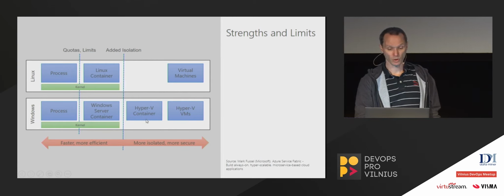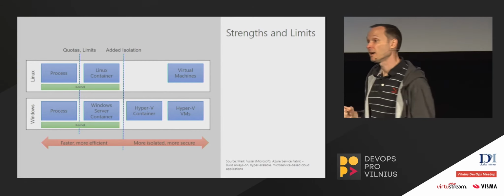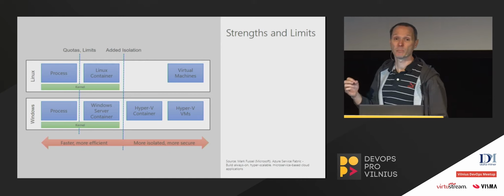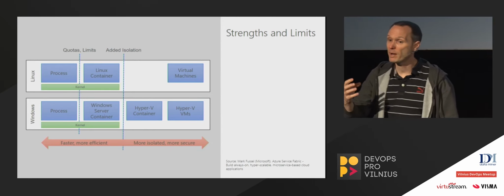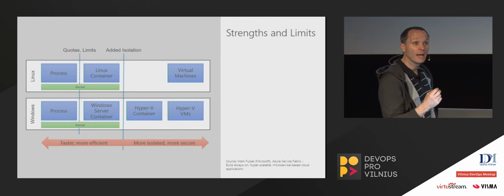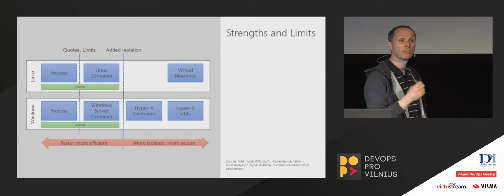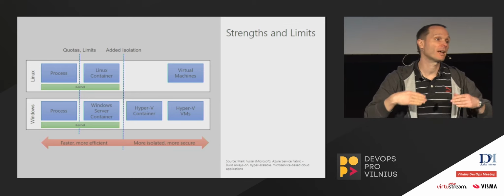But on the Windows version, you have another option. It's the Hyper-V containers. In fact, you have already seen a Hyper-V container. When I was running the Nano Server on my Windows 10 machine, what Windows 10 has to do, it spins up a separate Hyper-V image, a Hyper-V machine for each container that I'm running.